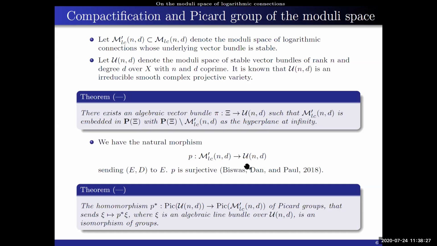Now there is a criterion for the existence of a logarithmic connection in a vector bundle over a compact Riemann surface with prescribed residue. It has been proved by Biswas, Dan, and Paul in 2018. Because our residue satisfies the formula that d plus n times the summation of λ_i is equal to 0, P is surjective.